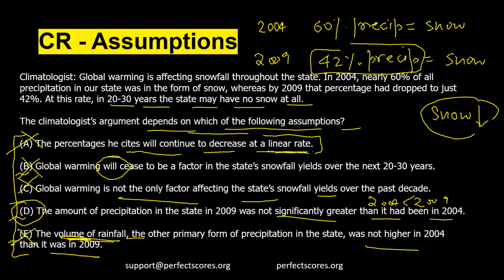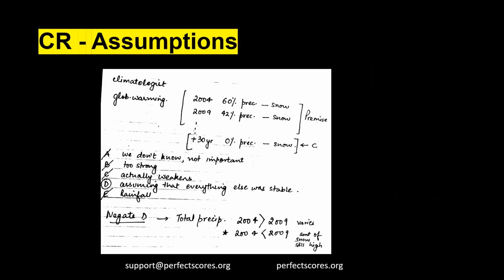Okay, so both of you, do you have any doubt in this? No? Okay. All right, let's move ahead. This is basically what the scratch paperwork looked like for this argument.